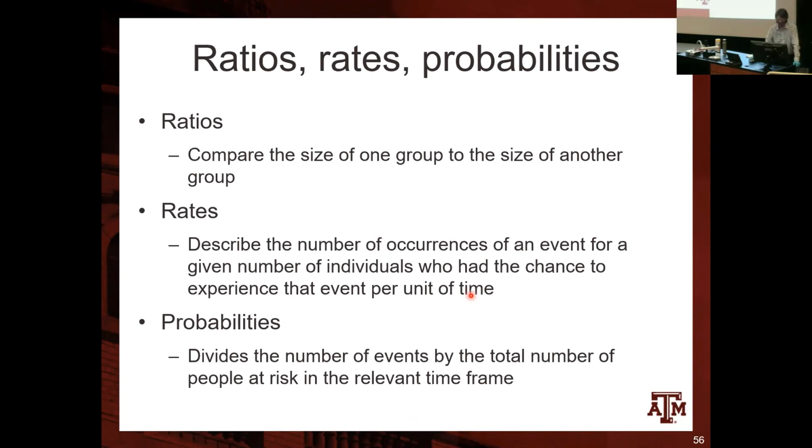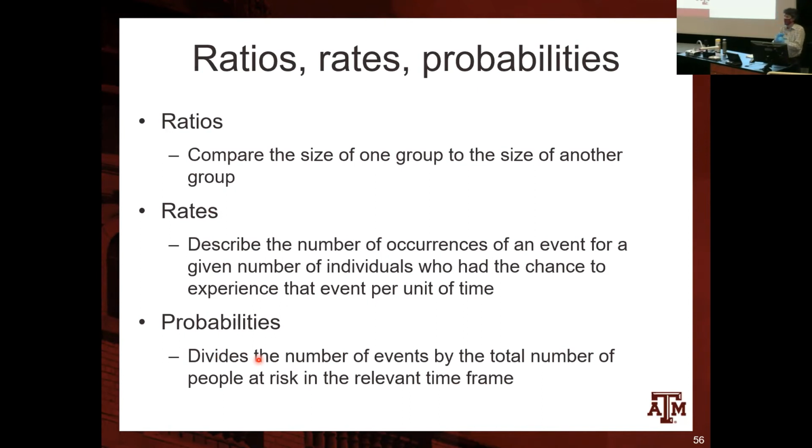And probabilities divide the number of events by the total number of people at risk in the relevant time frame. The main difference between rates and probability is that rates take into account that, in a specific time period, some people could die and then would not be exposed through all that time to experience the event you are measuring in the numerator.